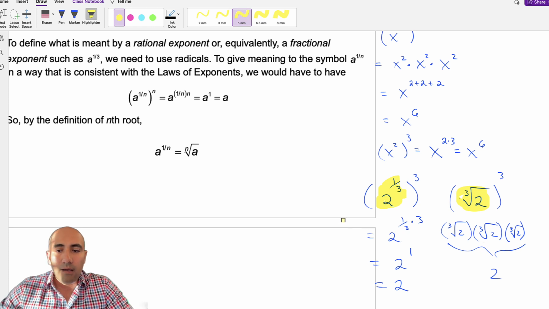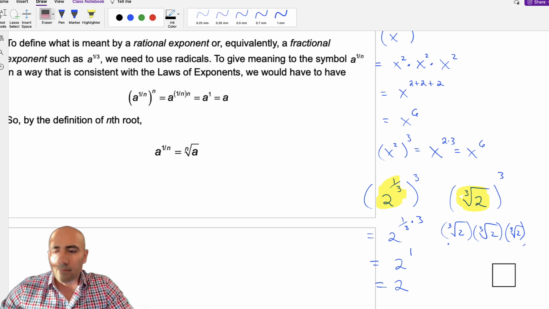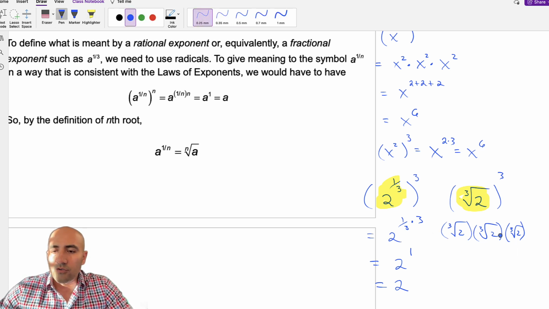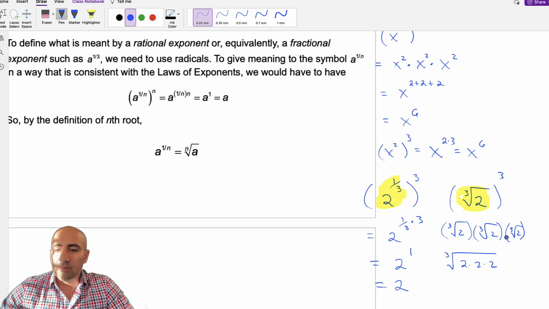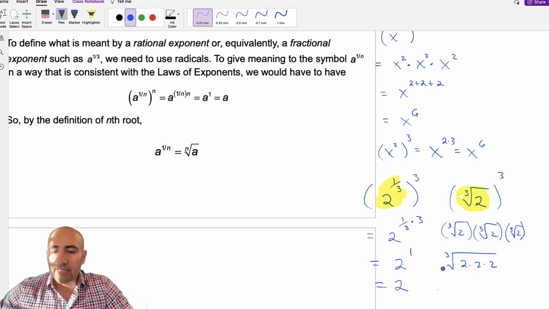We can also expand on this a little bit, knowing our properties that we have now. We can also say that this thing is the same thing as the cube root of 2 times 2 times 2. Since we have 3 different roots being multiplied together, we can bring it all under one big happy root, which then gives you the cube root of 8, or 2 to the 3rd power, which is then equal to 2.